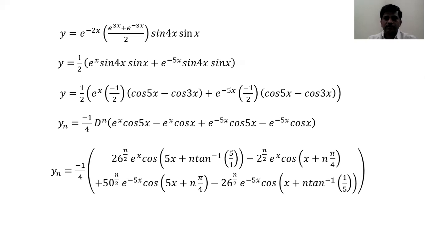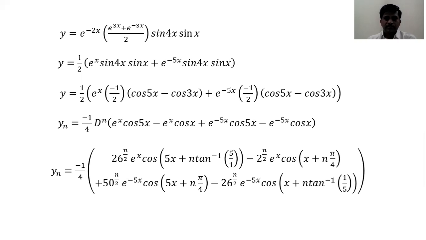1 by 2 times minus 1 by 2 is minus 1 by 4. Then the nth derivative of e power x into cos 5x, minus e power x into cos 3x, plus e power minus 5x into cos 5x, minus e power minus 5x into cos 3x.